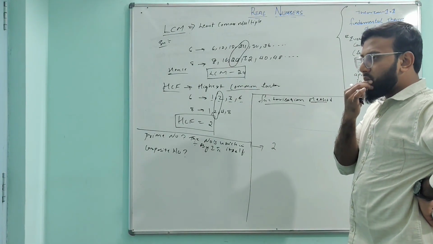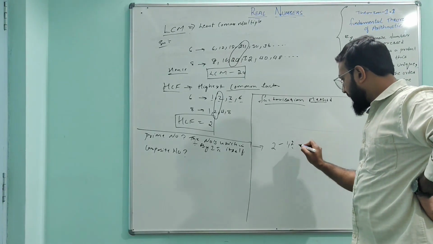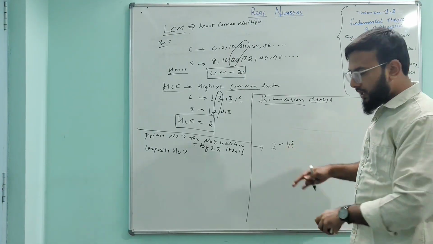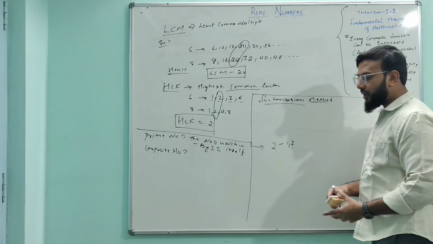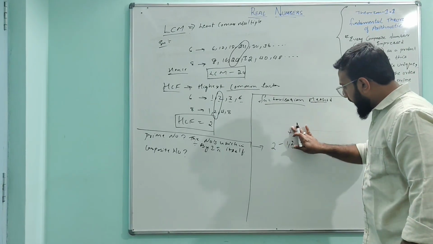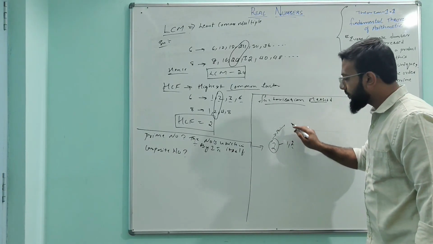Just think, 2 will go in which tables? 1, correct? And 2. Other than these two tables, is 2 divisible in any other table? No, correct? Hence, this number is called a prime number.